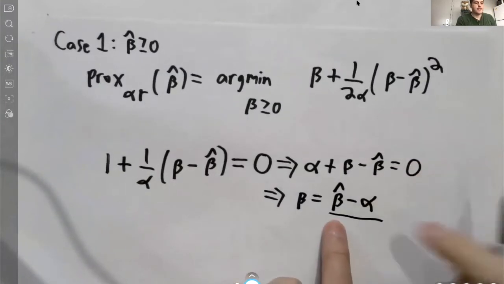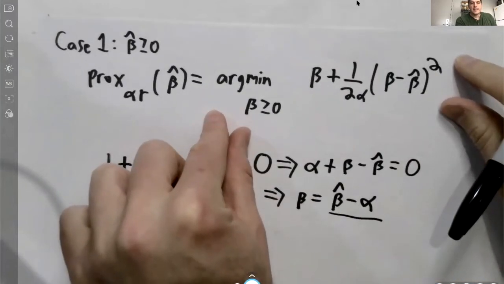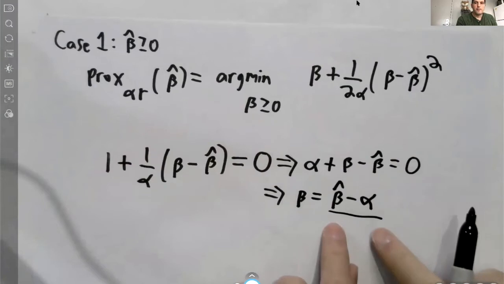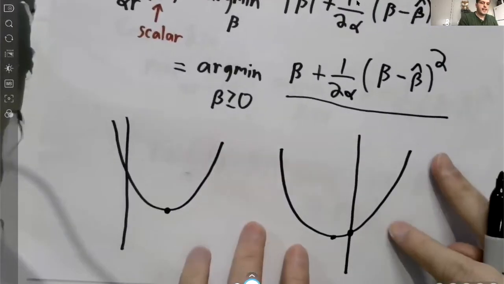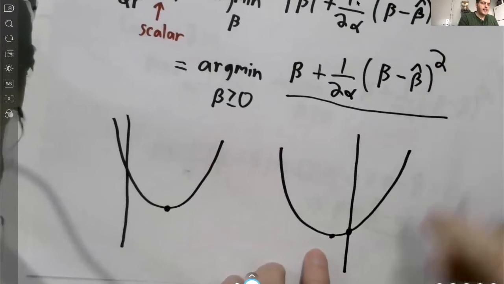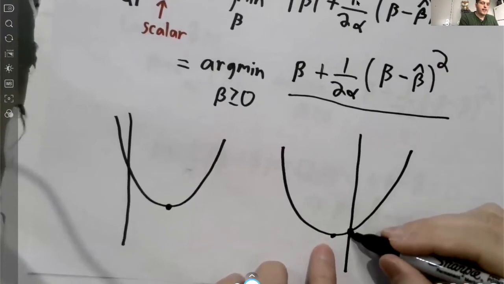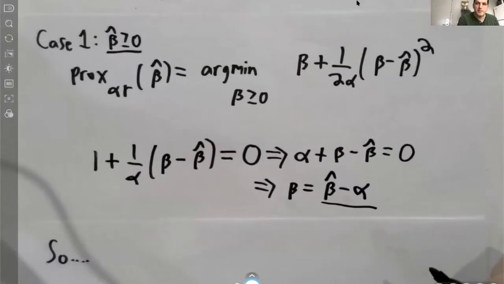That means that this is our solution to this optimization problem. And the other case is where beta hat minus alpha is negative, and that means that we are in this second case where the vertex of our parabola falls to the left of the y-axis. And in that case, the best choice of beta is just 0, because we're restricting our attention to non-negative values of beta.